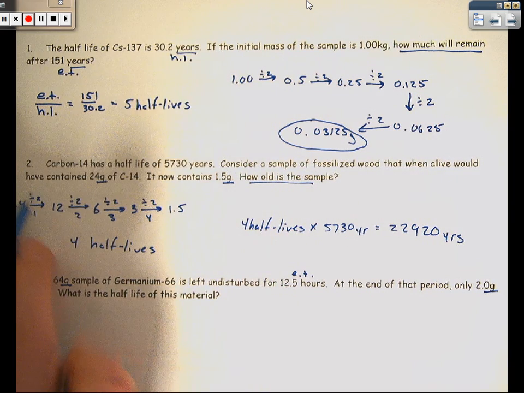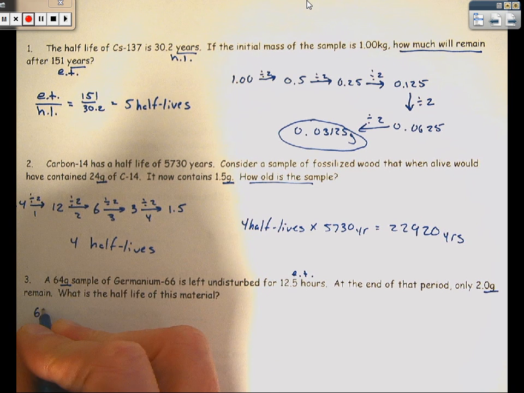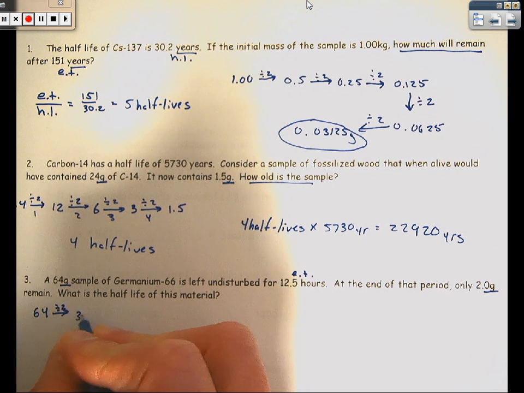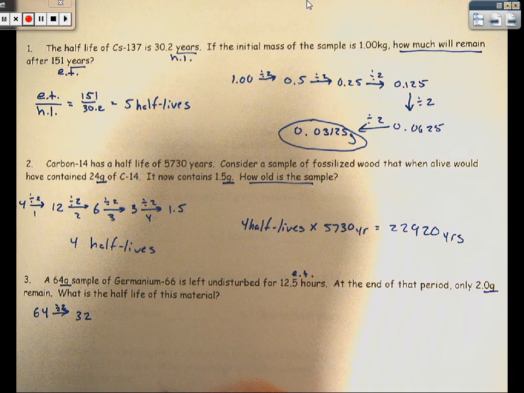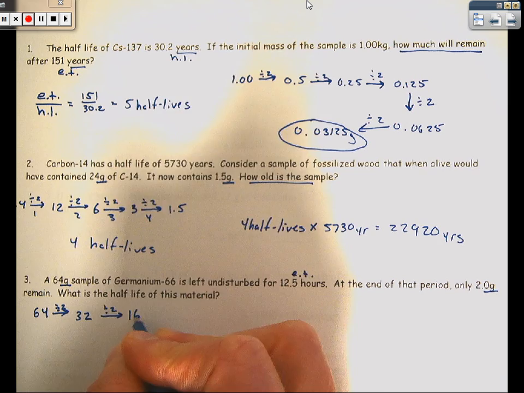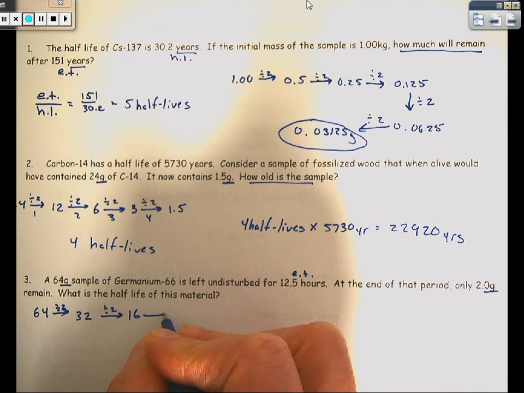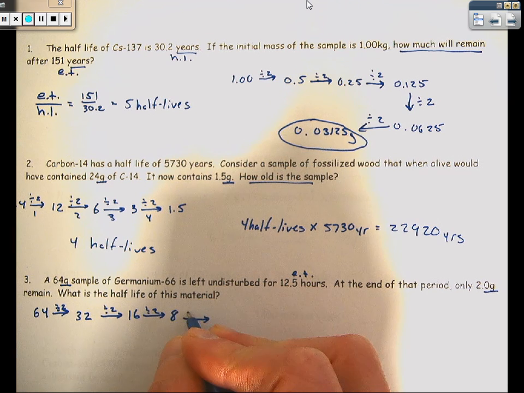And again, we're going to do it like we did up here because we have grams. We start off with 64. Divide that by 2. Now we're down to 32. We're going to divide that by 2. Now we're down to 16. Divide that by 2. We're down to 8. Divide that by 2.